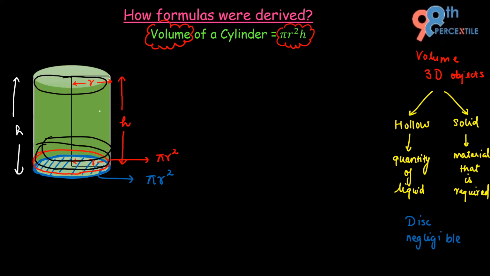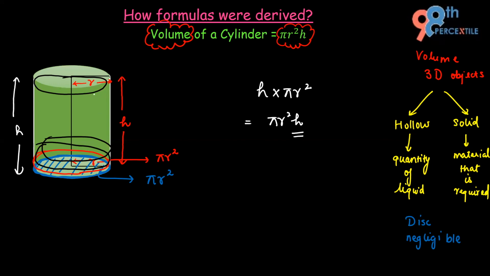What is the amount of solid that is required to make all of these discs? To make one disc, you require pi r square amount of solid. Then to make h number of discs, you require h times pi r square amount of solid. And that is nothing but pi r square h.